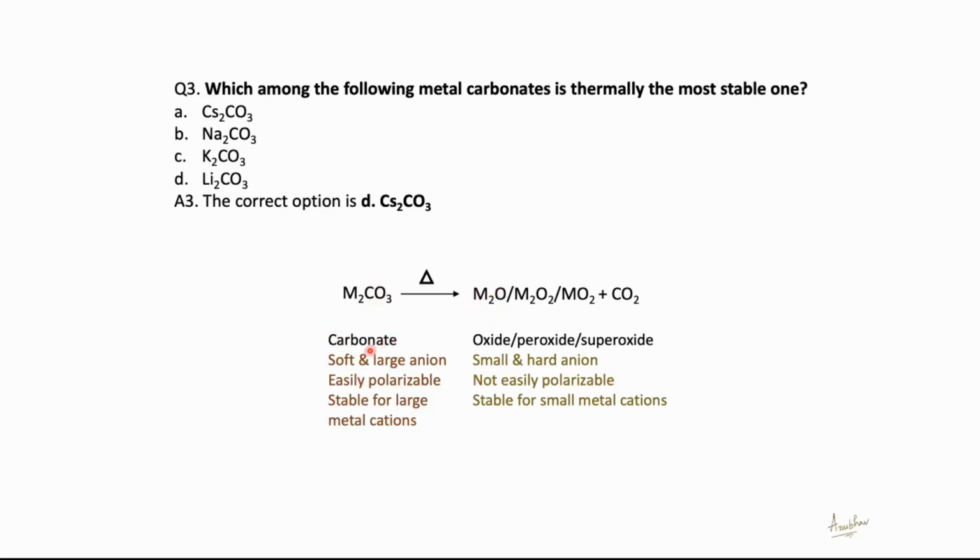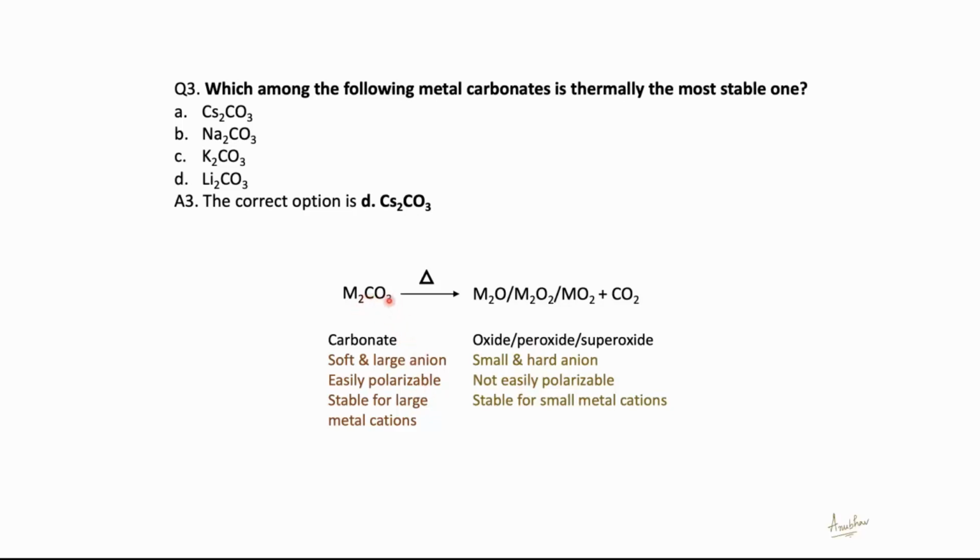In the case of sodium also, since sodium has a high ionic potential, it will distort the electron cloud of carbonate and it will produce the corresponding M2O2, that is Na2O2, and CO2 will be liberated. But when the size increases, as we saw for potassium, rubidium or cesium, the ionic potential value of the cation will decrease because the size increases.